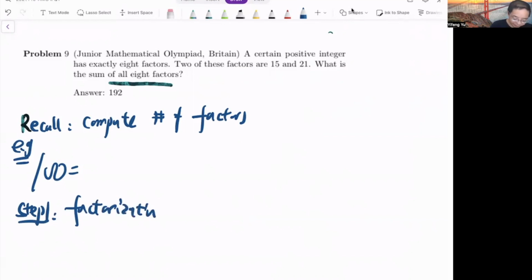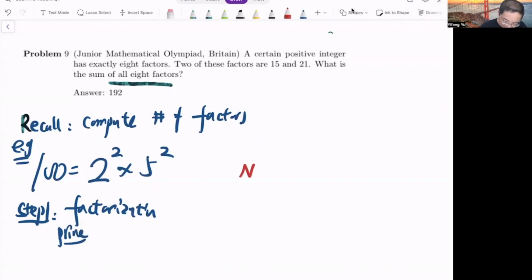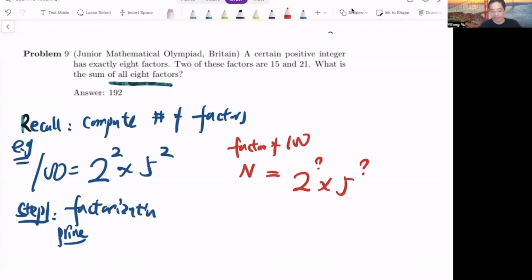We can factorize 100 as 2 squared times 5 squared, the prime factorization. If n is a factor of 100, then n has to be 2 to some power times 5 to some power. It cannot contain any other prime factors, otherwise it cannot be a factor of 100.